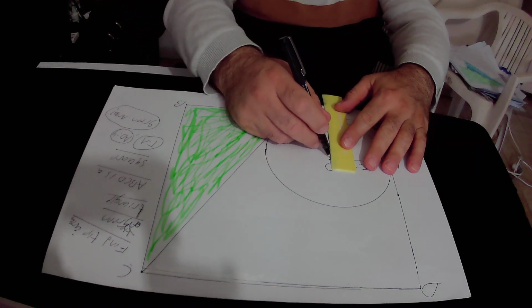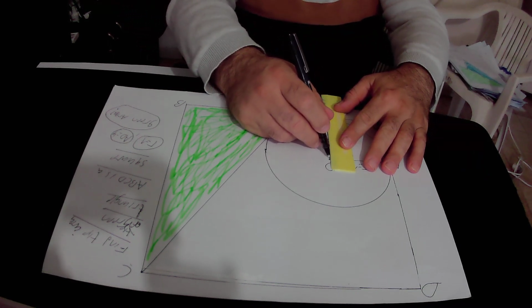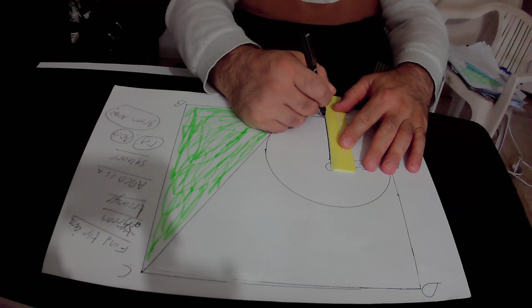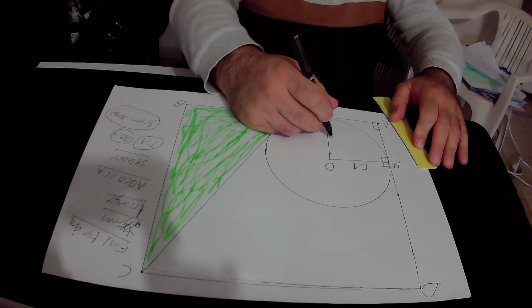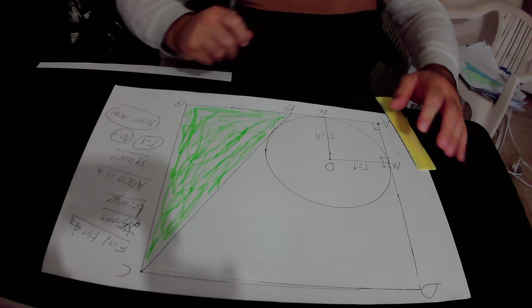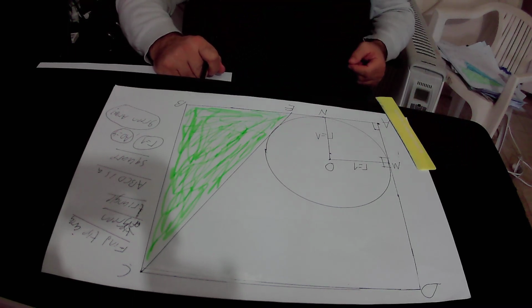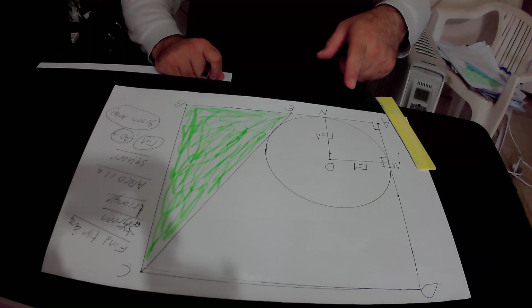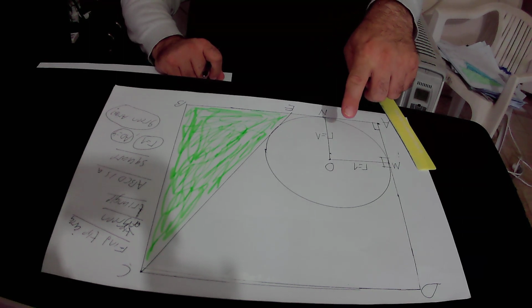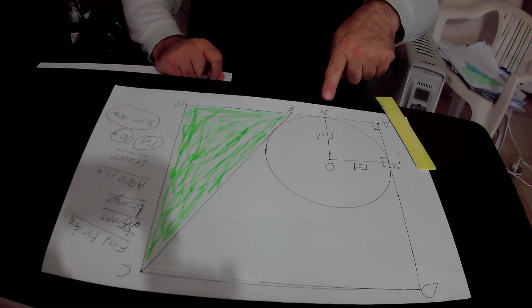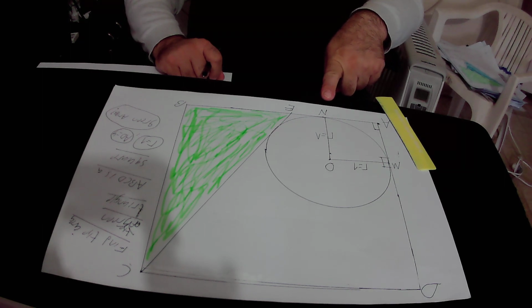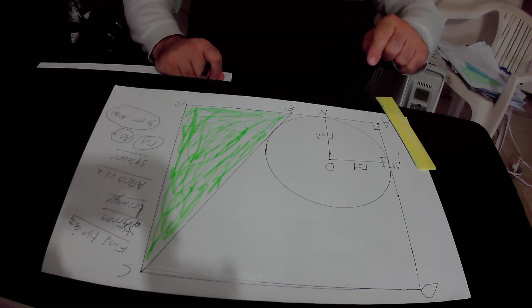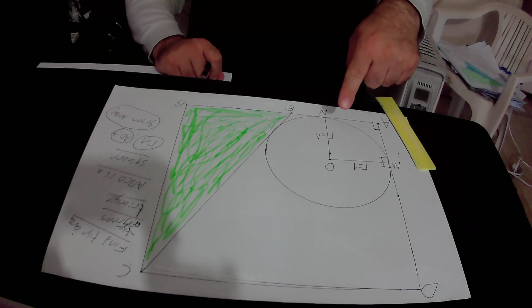ON is the radius of this circle because line segment ON starts from the center of this circle. That is to say, it starts from point O, that is the center of this circle, and ends at point N, that is a point on the circle itself. Therefore, ON is the radius of this circle.